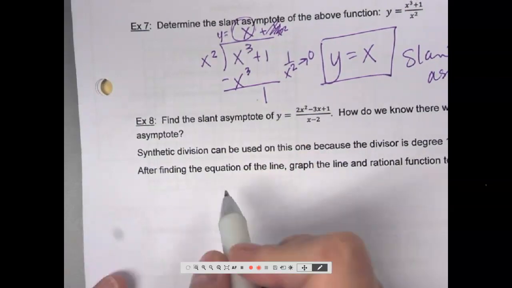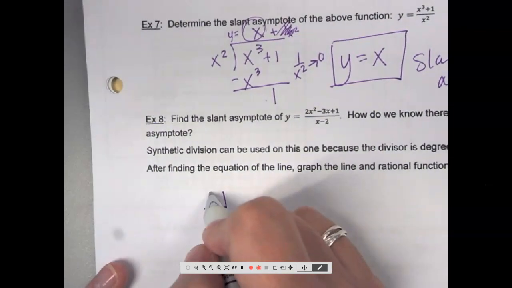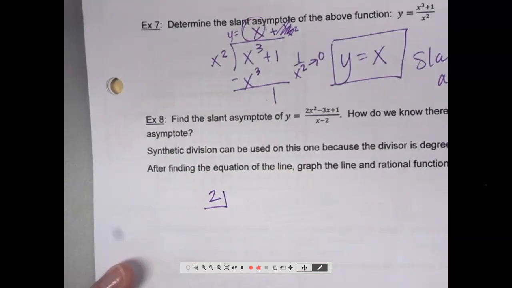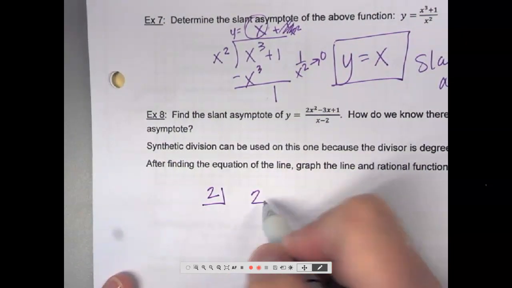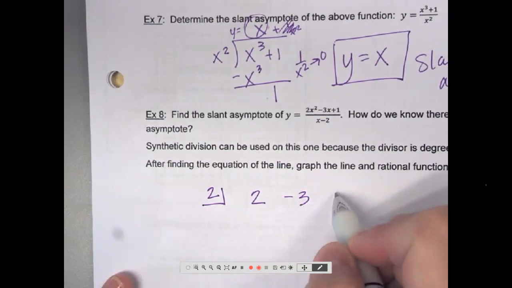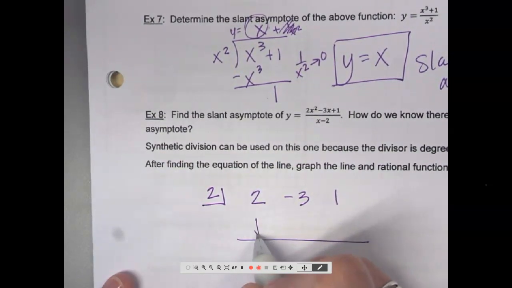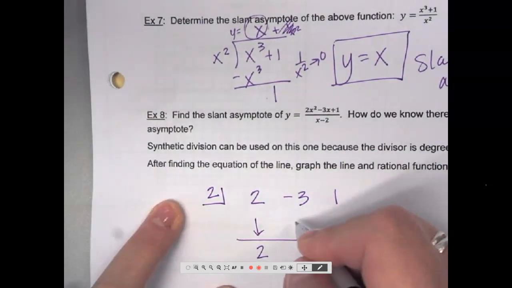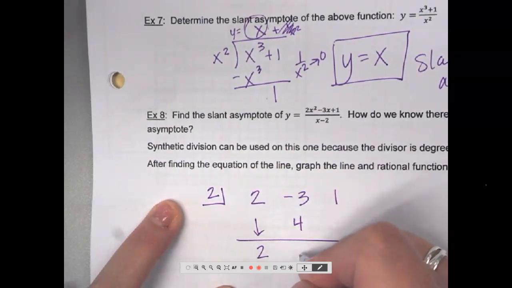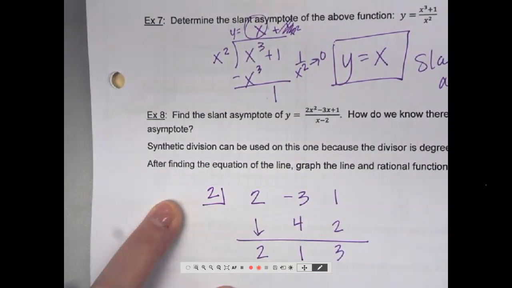All right. What number goes in the box? 2. Remember, we take the opposite of it. All right, still, if there's a term missing, we need a 0, but that's not the case. 2x squared, negative 3x, 1. 2 comes down. Multiply, add, multiply, add.